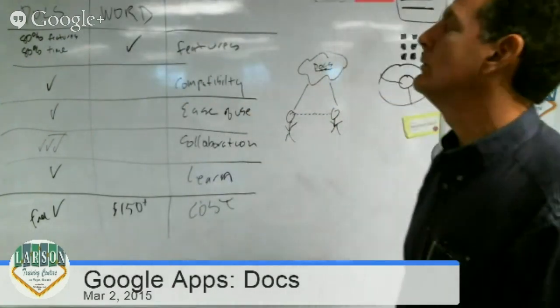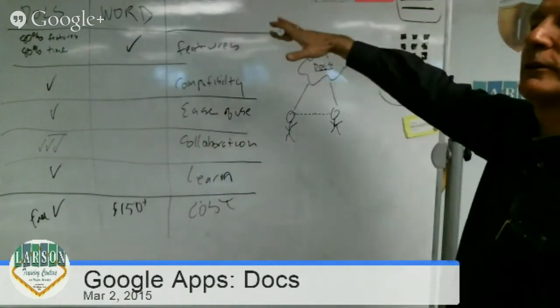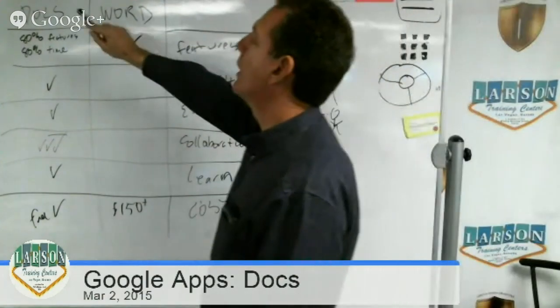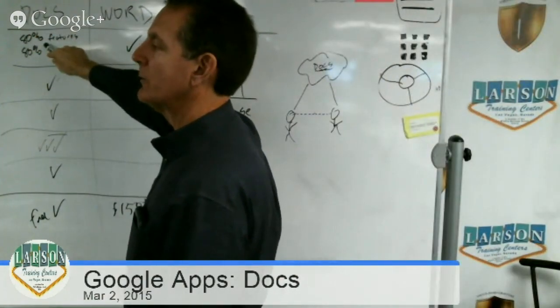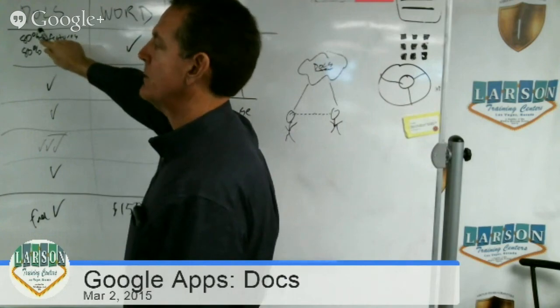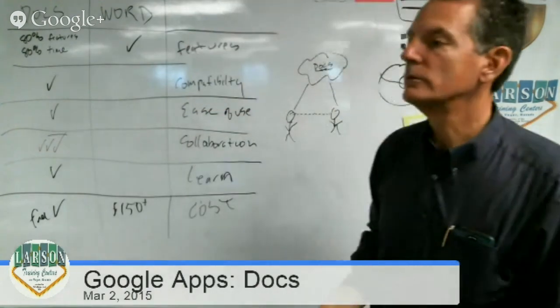Okay. So Word does a tremendous amount of things that Docs doesn't do. Docs does 80% of what you need 80% of the time. Very few people need to do all of the stuff that Word can do.